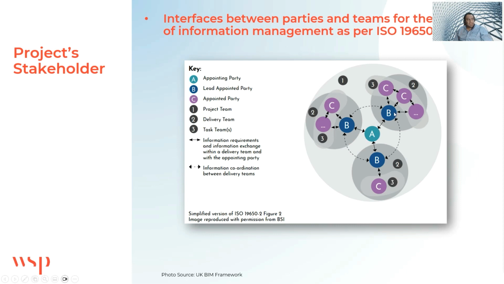Then this lead appointed party can appoint other organizations below it, like sub-consultants or subcontractors that will also have other deliverables. But the client's responsibility here will be to define the information requirements for this whole delivery team. Then the lead appointed party will be responsible for all the teams below it.